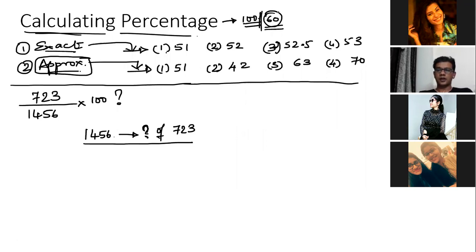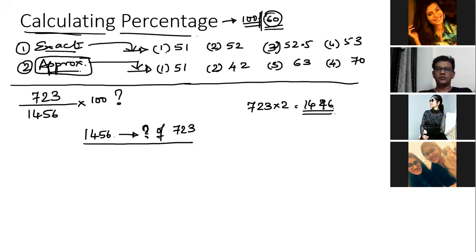So if I look at my value of 723 itself, do I realize that when I double 723, do you know what I'm getting? When I double 723, I get 1446, right?